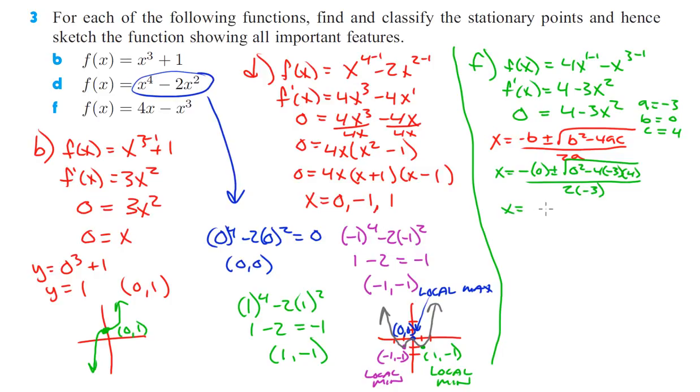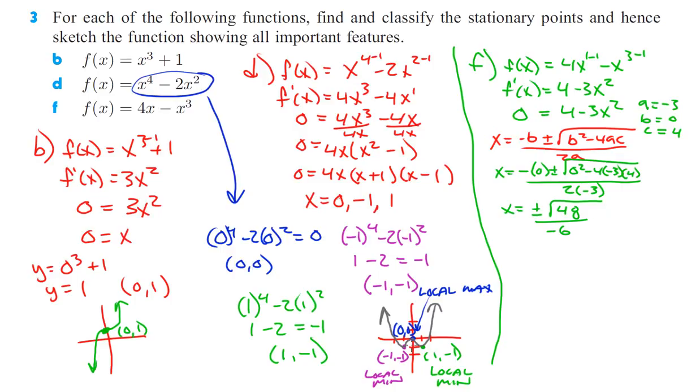Okay, so x is, the 0 is gone, so it's plus or minus the square root of 4 times negative 3, which is positive 12. 12 times 4 is 48, all over negative 6.